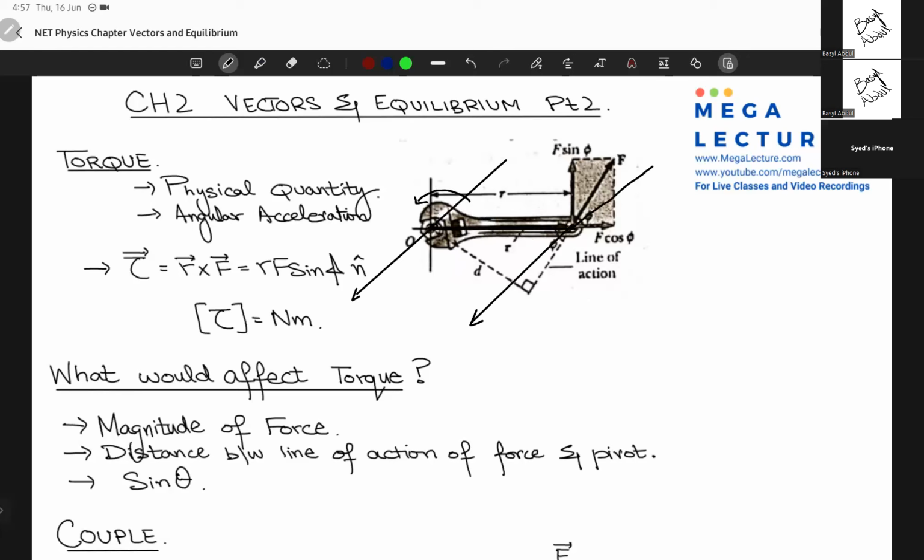So the only component responsible for that is the sine phi component. The horizontal component, the force applied in this direction, does not contribute anything to unscrewing this bolt.